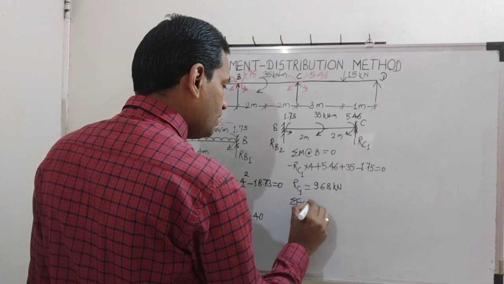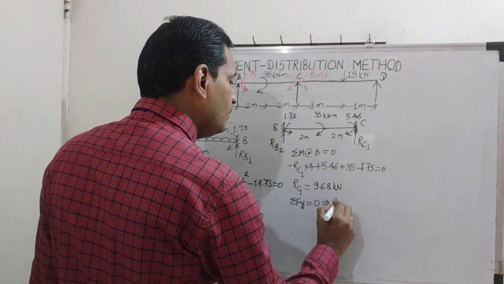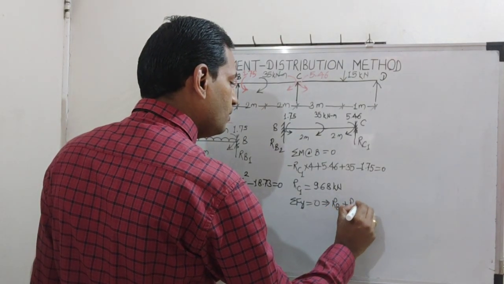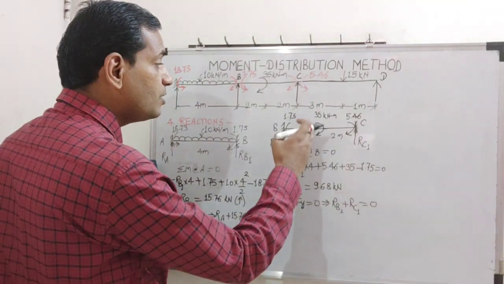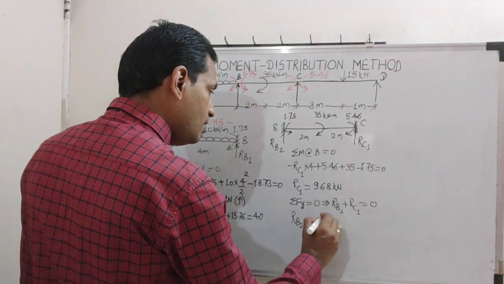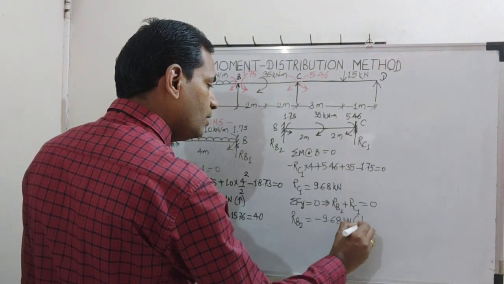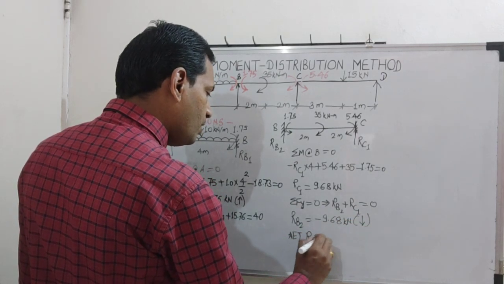Then apply the same summation Fy condition. So here you will get RB2 plus RC1 equal to 0 because there is no external load, it is a couple. So RB2 is minus 9.68 kilonewton. So what will be net RB? RB1 plus RB2.